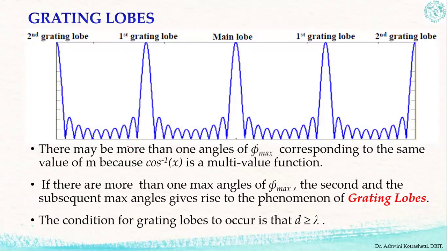Sometimes because the feeding technique has gone a little wrong, you start seeing a lot of other lobes. They are called grating lobes. You don't want them, but they come around. There are techniques to actually get rid of them. You cannot feed them with uniform amplitude. When you feed them uniform amplitude, this is the problem that you face. A lot of techniques are there to get rid of grating lobes. This is just for your information.